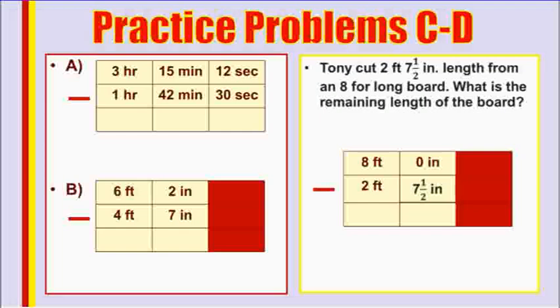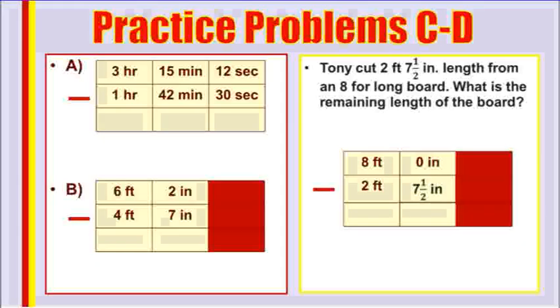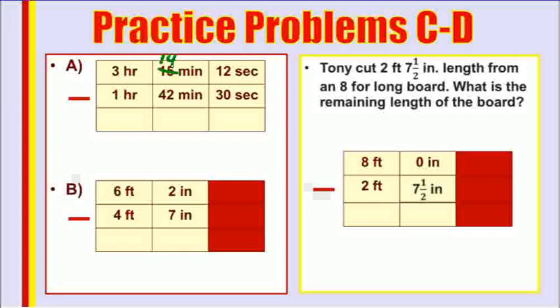Other problems here. Here we have hours, minutes, and seconds. We're subtracting, so we need more seconds. So I take a minute away. I gain 60, so that's 72 seconds. 72 minus 30 is 42. 14 minus 42, I need more minutes, so I take an hour away.